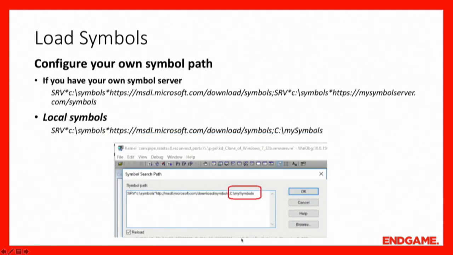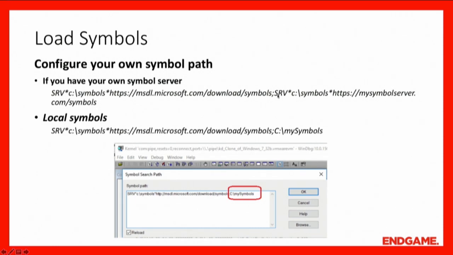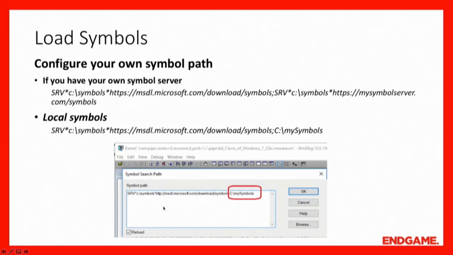In case you have your own symbol server, you also need to tell Windbg your own symbol server path. Here's an example. Another case is if you don't have a symbol server, you can download the symbols of your driver to your local host and then configure Windbg to understand the path of your symbols, just like that.